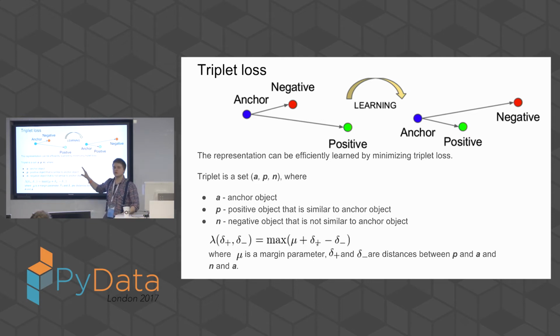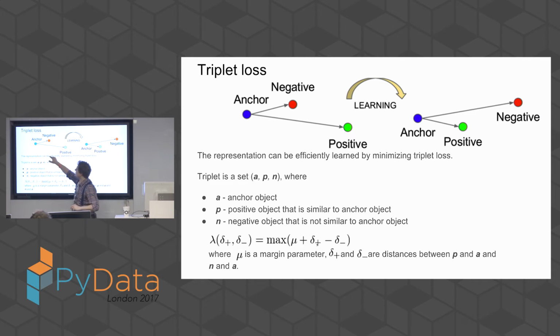People working in face recognition and other types of recognition tasks, when you have a lot of objects of different classes, usually find it's better to use a metric learning setup. So this triplet loss function looks for positive pairs and negative pairs.